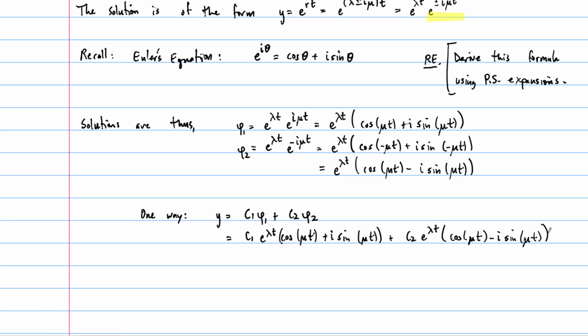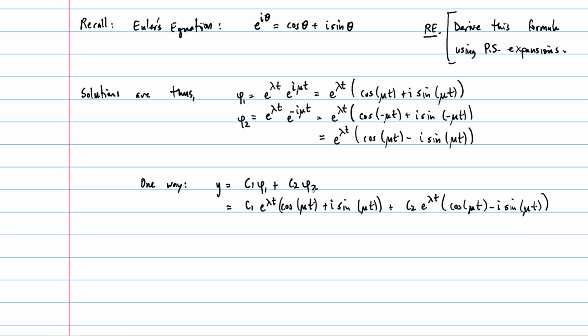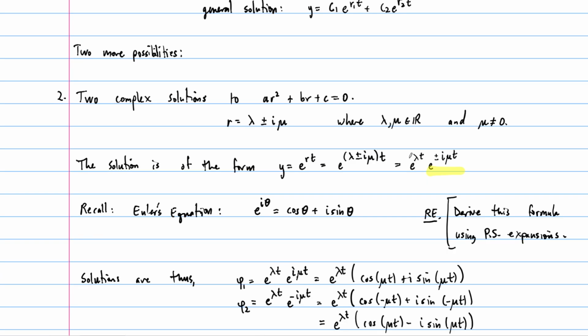And then what you could do is multiply these out. By the way, in this case it's possible that C1 and C2 are actually complex constants. And the reason for that is because we need this to be a real solution, right? So we started with a real differential equation.